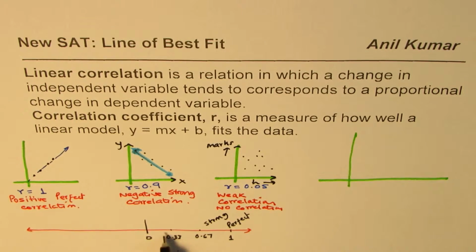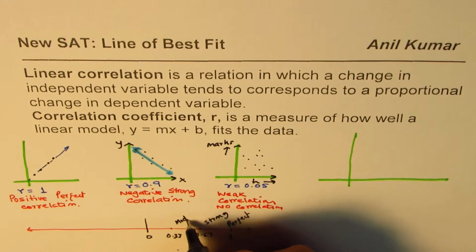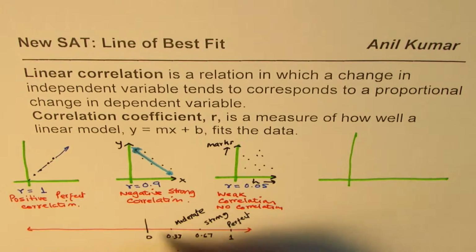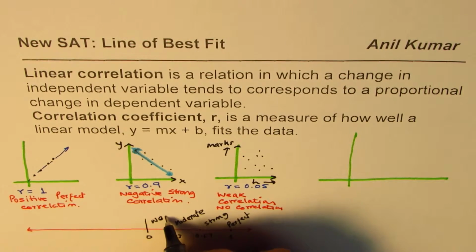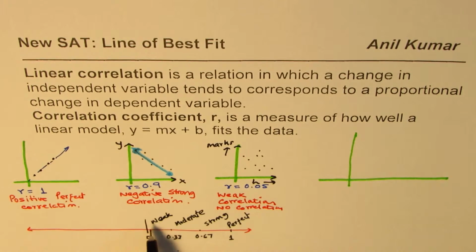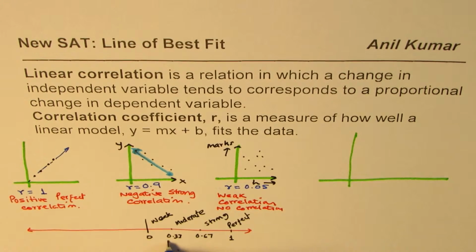And between 1/3 and 2/3, it will be treated as moderate. And this portion will be treated as weak correlation. Okay, so that is how you have to write them. So it is weak and this is positive. So on this side, let me write down the term positive.